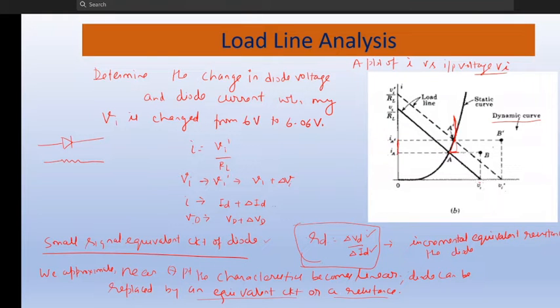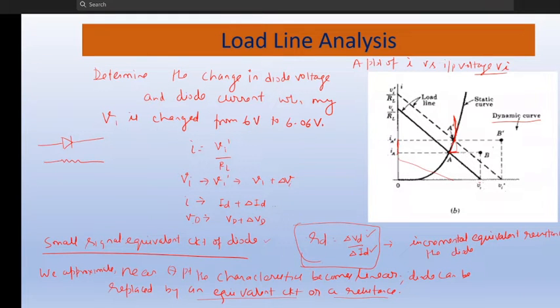Our aim is to fix the Q point at a point on this characteristic curve so that we get a maximum faithful output. But due to the change in temperature and applied input voltage, the Q point varies, not only in the dynamic case but in the static case also. If the Q point shifts, then you may not get the required output, right? So we need to fix it.